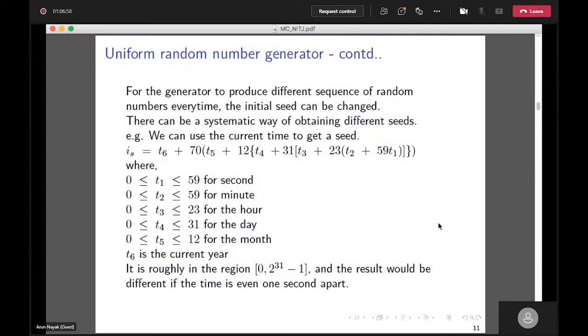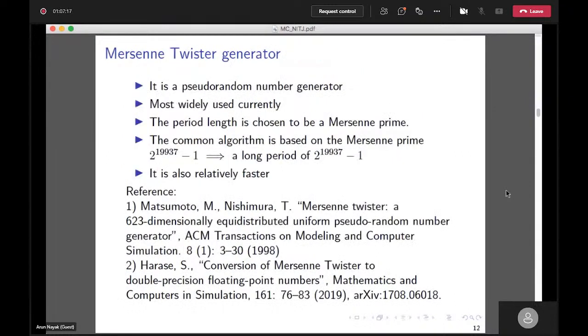So that is also possible, and most of the high-level programming languages already have these options. So you can just use any programming language to generate a sequence of random numbers between 0 and 1.